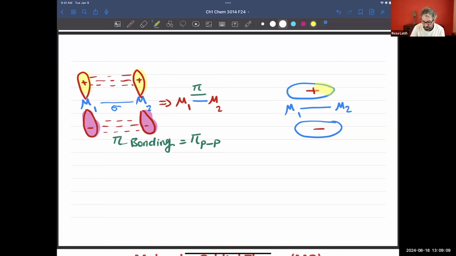That means in reality you're going to see electron density, constructive or bonding electron density, on the top and also at the bottom. This is another representation of pi interaction between 2p orbitals, and these two are completely equal. I leave it to you which one you prefer, but the one on the right is an easy, short way to present a pi bond.